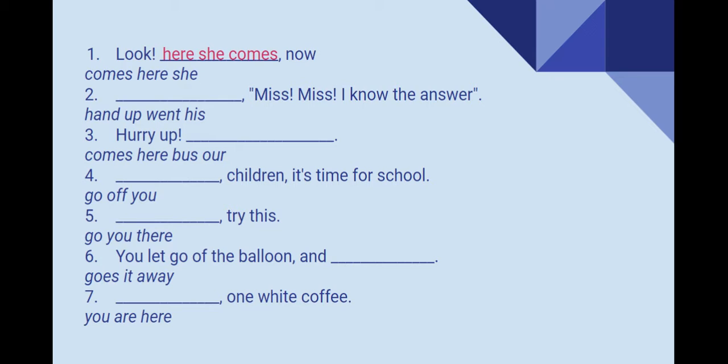Now, let's take a look at number 2. Up went his hand. Miss, I know the answer. 3. Hurry up. Here comes our bus. Now pause the video while you work on the rest, please.